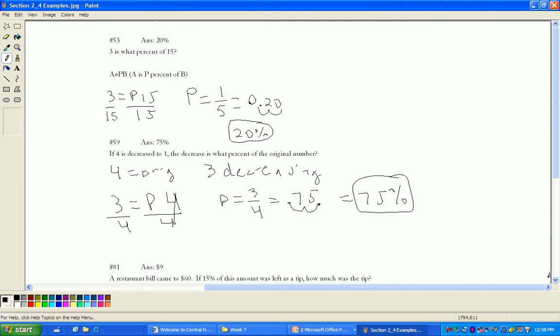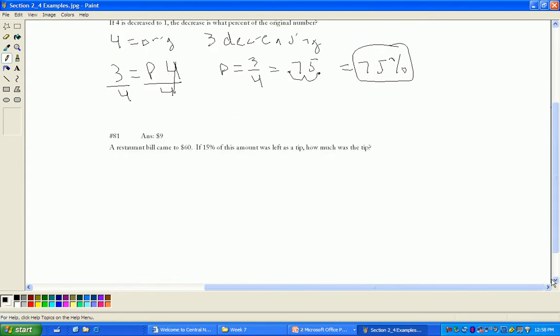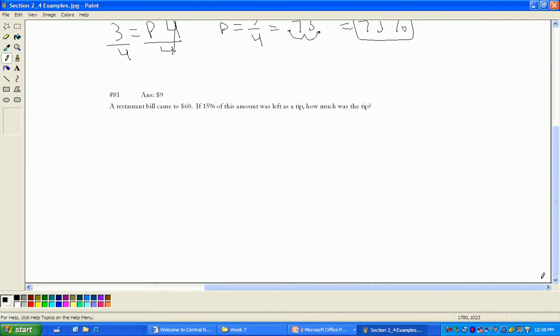And now the last one we're going to do, I think this is the last one. Yep. We have a word problem. A restaurant bill came to $60. If 15% of this amount was left as a tip, how much was the tip? So in this case, we're trying to find the part.